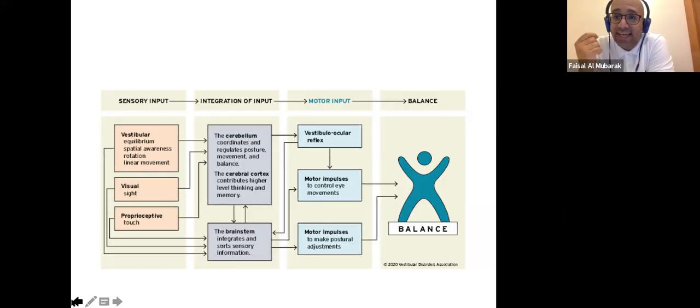VOR is important to maintain the stabilization of my gaze, which means I can focus on the thing. For example, I'm riding with the same person who is driving and the car is moving, but I am able to read a message on my phone or read a book. Why? Because I am focused. Okay? So this ability is given by the VOR, which maintains or stabilizes our gaze. And if we have an issue in this reflex, you won't be able to stabilize your gaze.